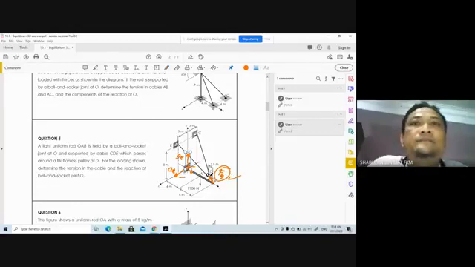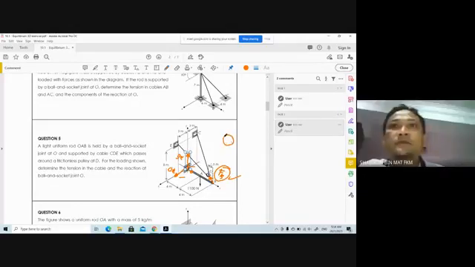After you get the force AB, you know that the force there is equal to the force in B, as we did in the 2D. Then force AE and force AC.